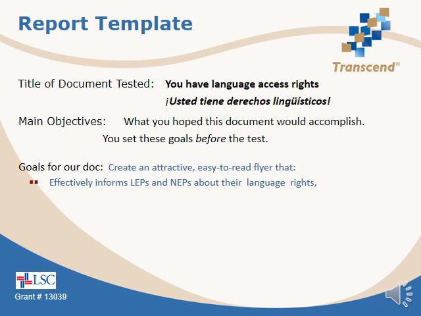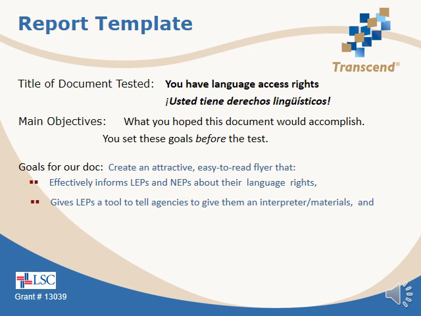So going back to what the group that authored the original document that we took to testing, the goal was to create an attractive, easy to read flyer that effectively informs LEPs, limited English proficient speakers, and NEPs, non-English speakers, about their language rights.